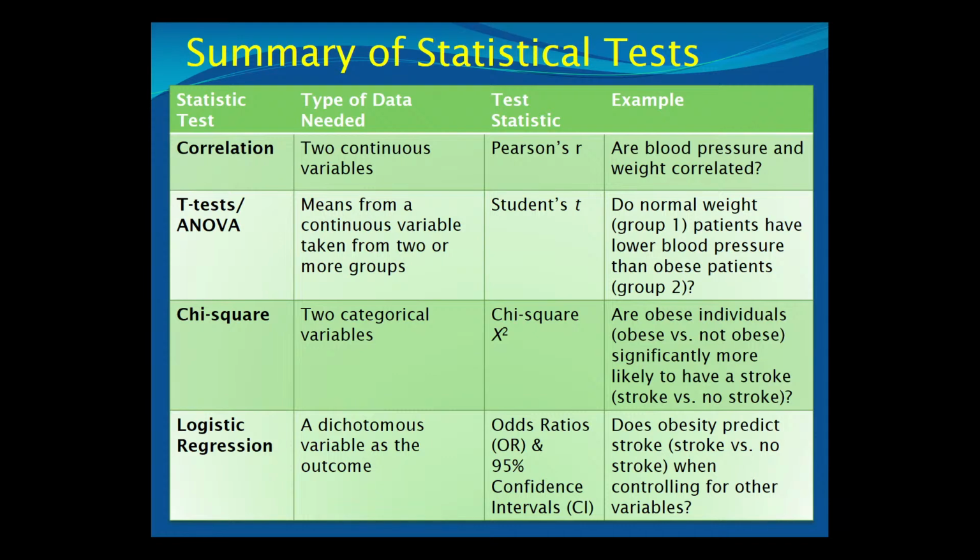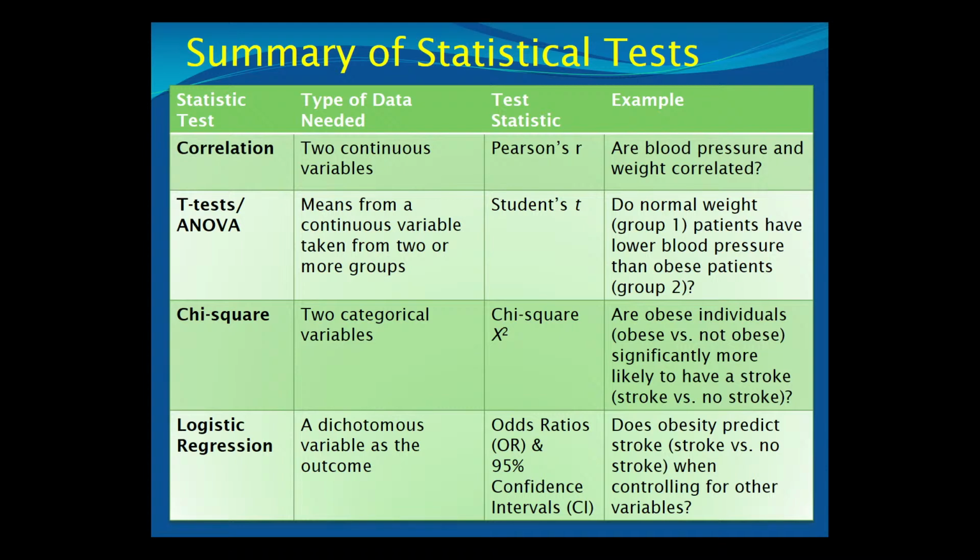Before we finish our lecture, look at this table with a summary of different statistical tests. We use correlation if we need to analyze two continuous variables, and we need to calculate our correlation coefficient. An example is whether blood pressure and weight are correlated.